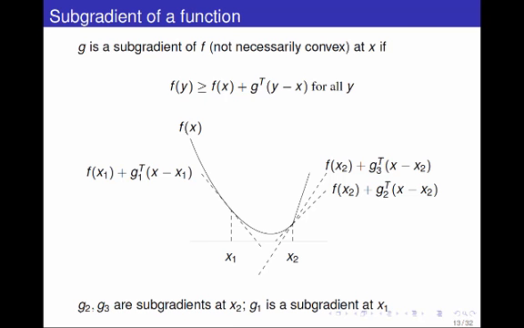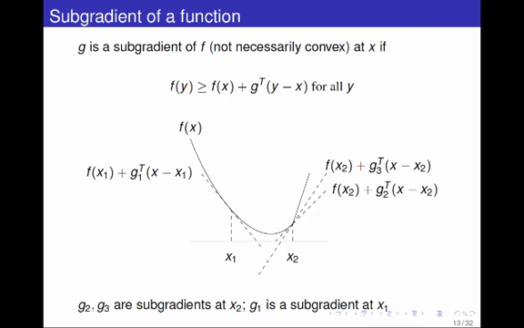And what does g look like at that point? g2 is the slope of this line over here. g3 is the slope of this line over here.